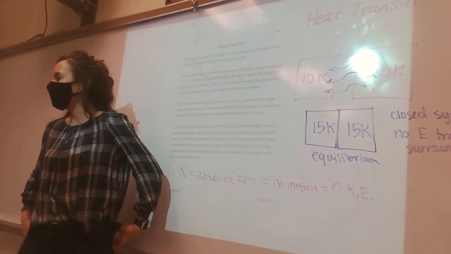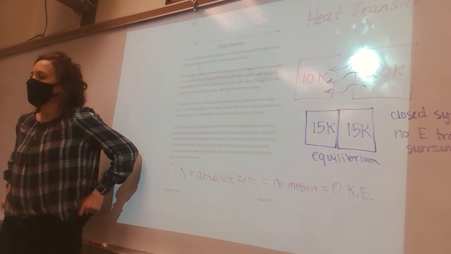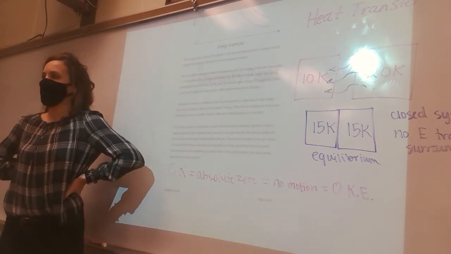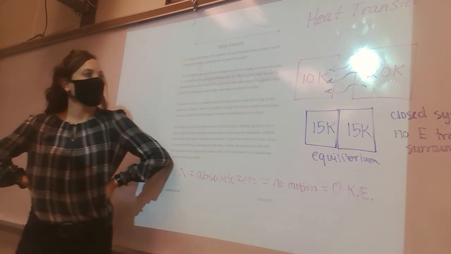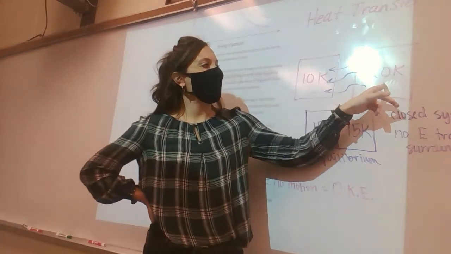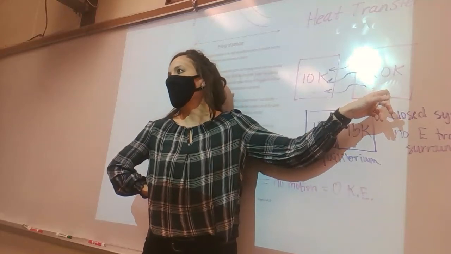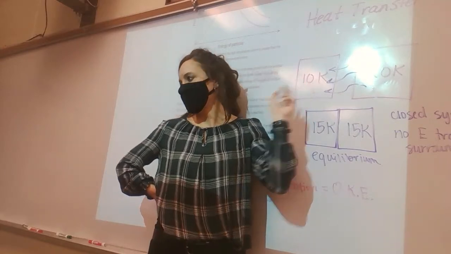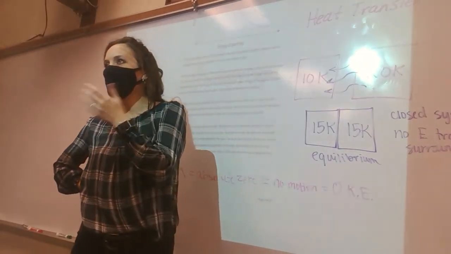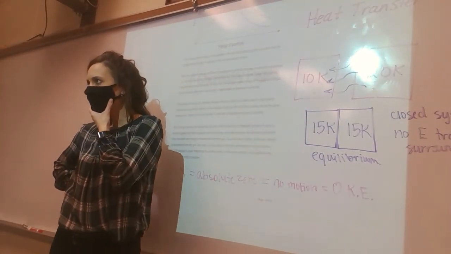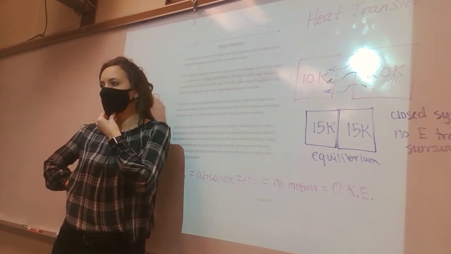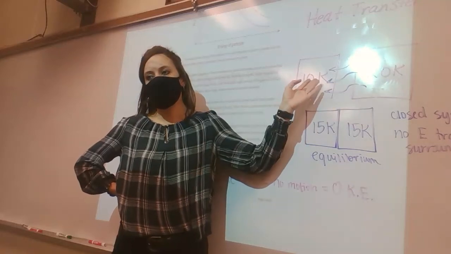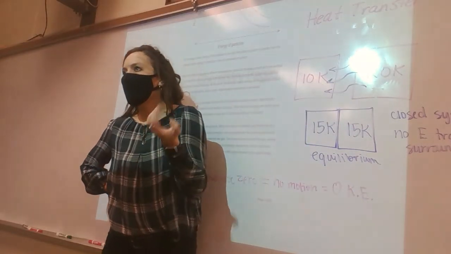What else are we assuming? What if this one is made of aluminum and this one is made of ice? Would the temperature be the same at the end? Would it all work out perfect? Right in the middle? No. This one would transfer heat more easily than this one, and then we would have a different temperature at the end.